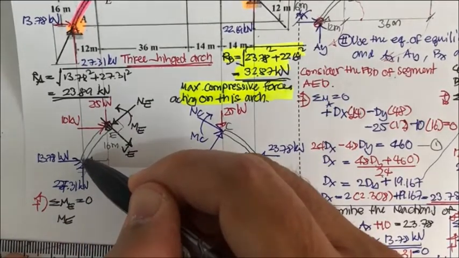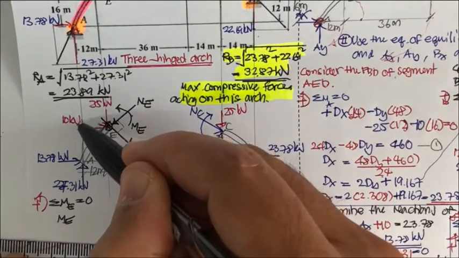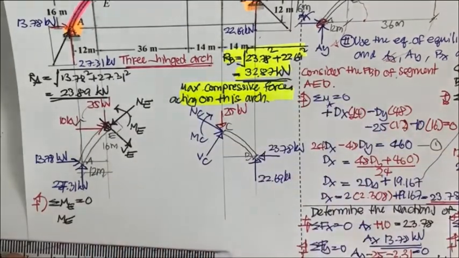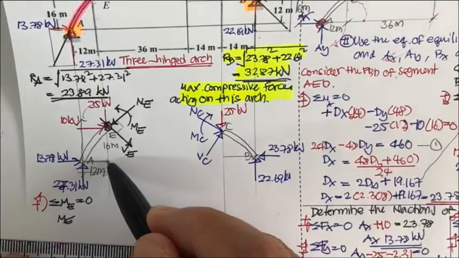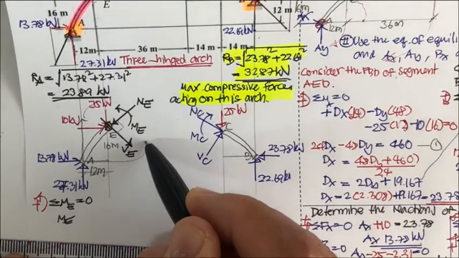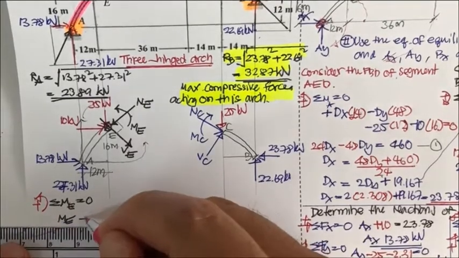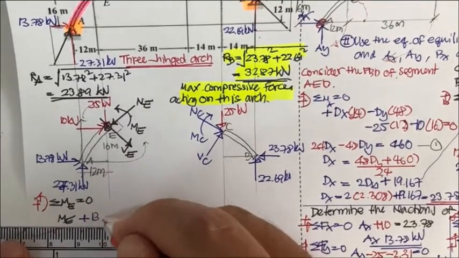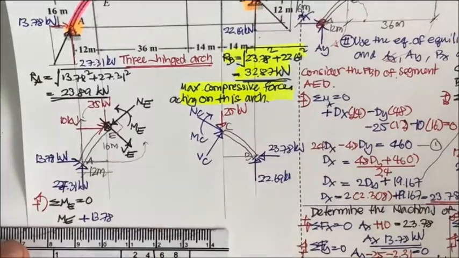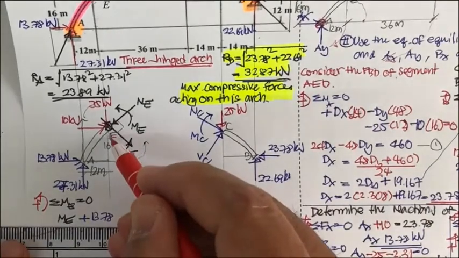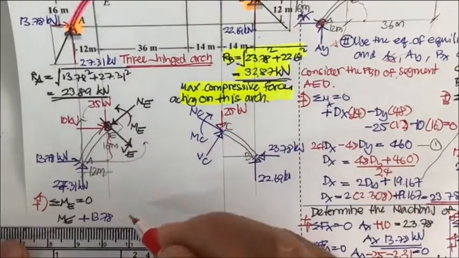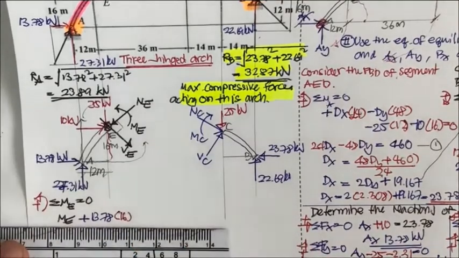This one rotates in the opposite direction. This one rotates in the same direction. So it's going to be plus 13.78, and this one has the moment arm here, so times 16.